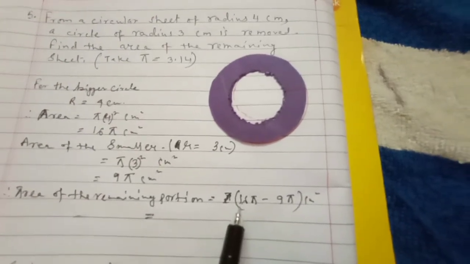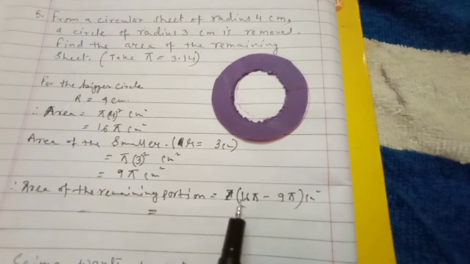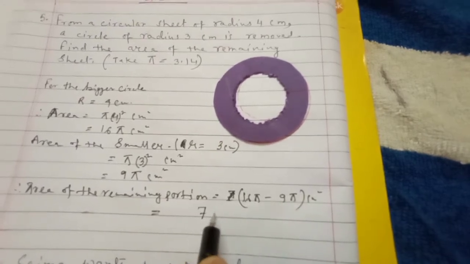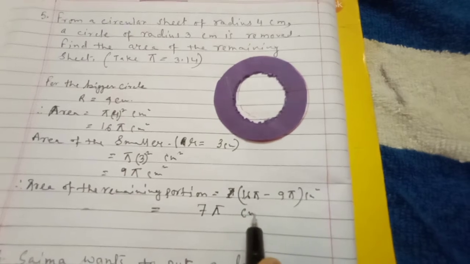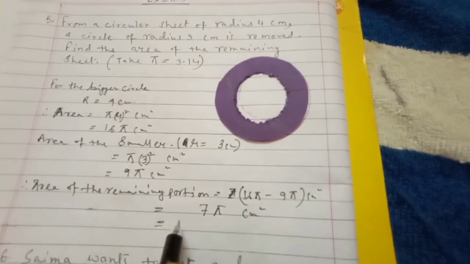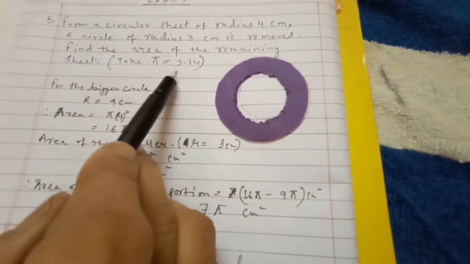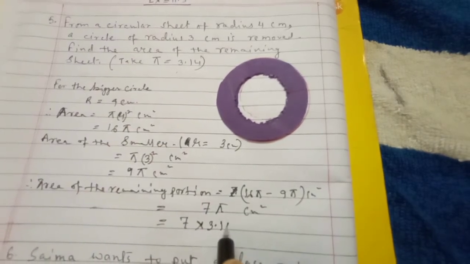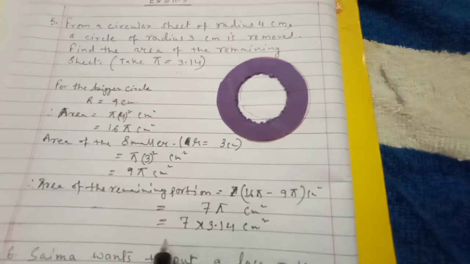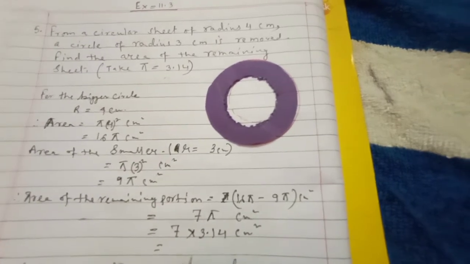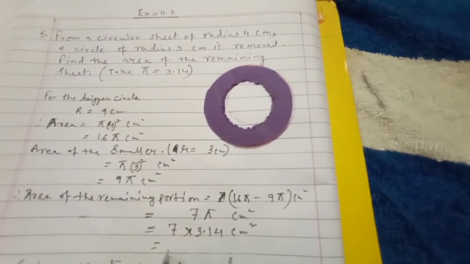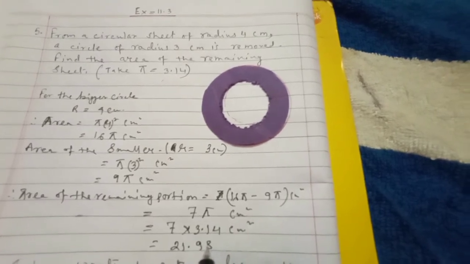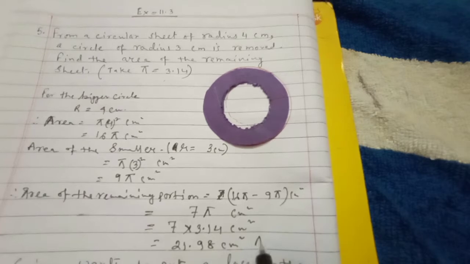Now 16 pi and 9 pi, as the variables are same, so 16 minus 9, it is 7 pi centimeter square. Put the value of pi, which is given here as 3.14, 7 into 3.14 centimeter square. If you multiply it, you will get 21.98 centimeter square. Understood?